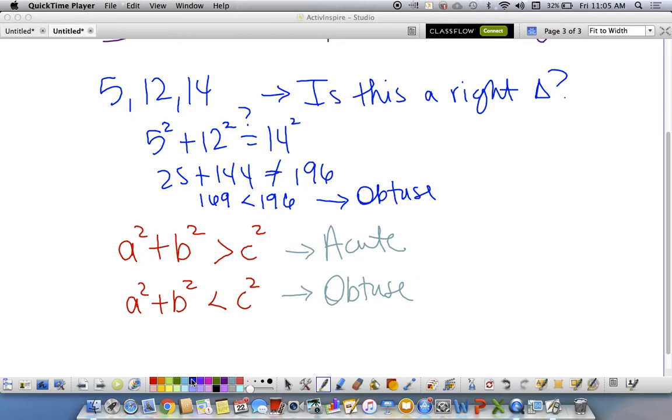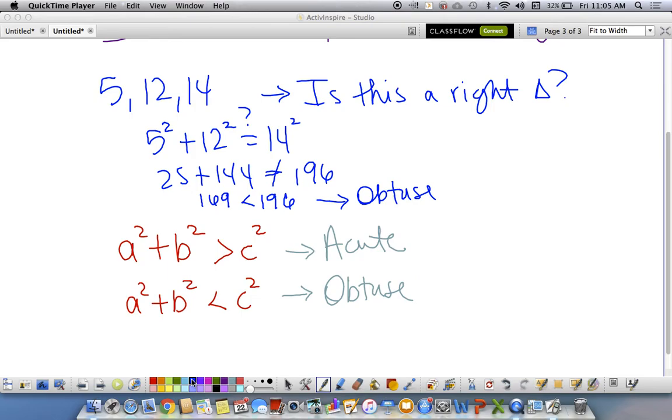Okay, this is one theorem that I have to look back at almost every time. If I see it drawn out, it makes a little bit more sense, but if I have numbers, it doesn't make as much sense to me. Yes, the two longer sides are pushing each other farther apart, so that makes sense that it's going to be obtuse.